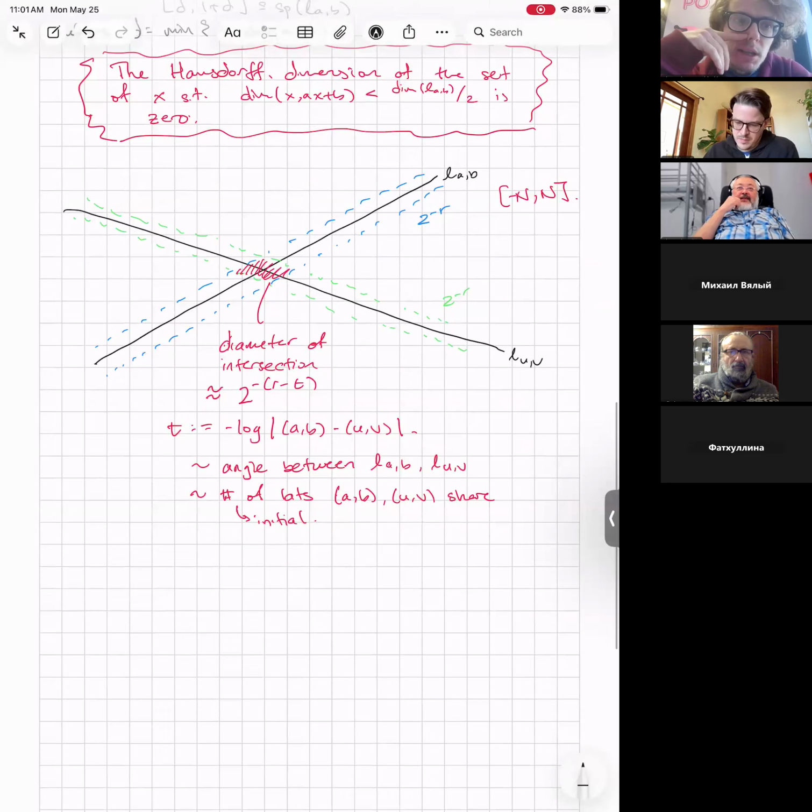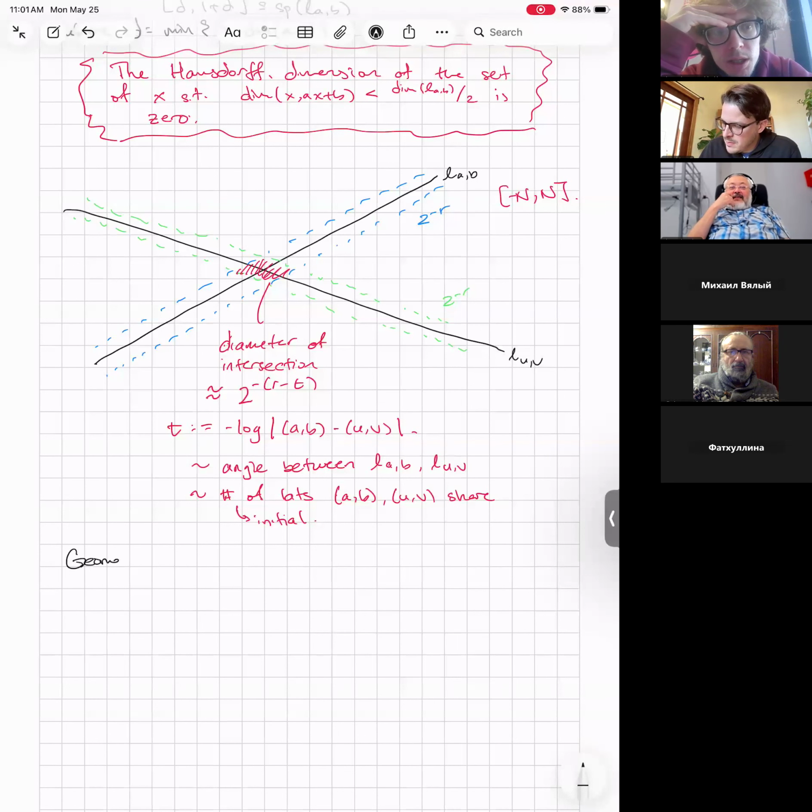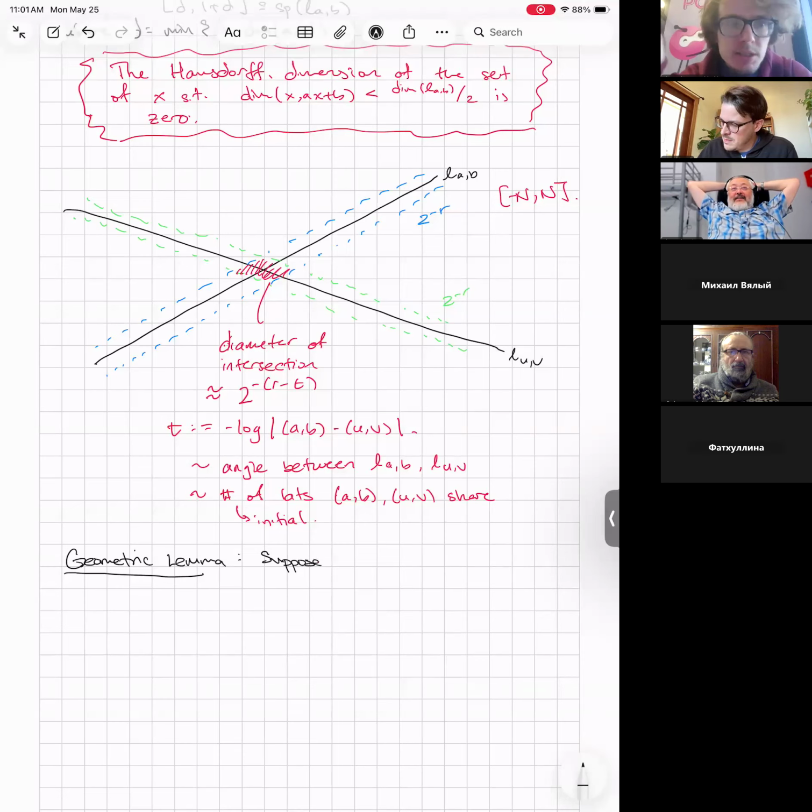The diameter, no. It's not that I know the points up to more or less r bits. Somehow if the angle is small, you lose precision. But I see here that the precision is at least r. It could be even better, but let's at least understand that it should be r. No, it's worse than r because it's r minus t.